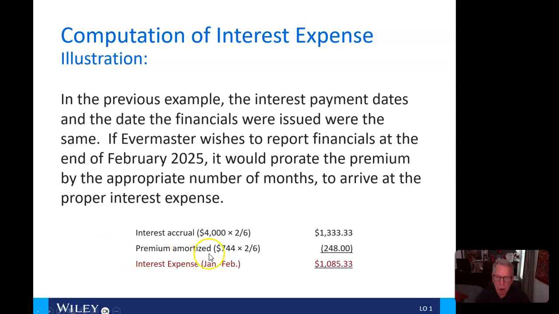The premium amortized is going to be the $744 off the Excel spreadsheet times 2/6, or a subtraction of $248. That leaves us with interest expense from January to February of $1,085.33.